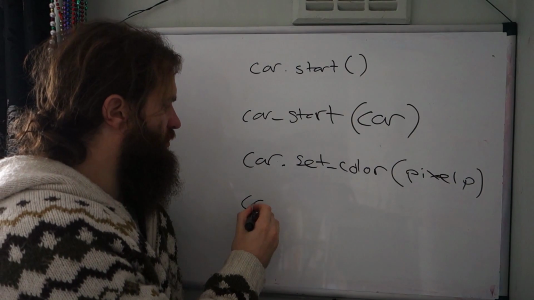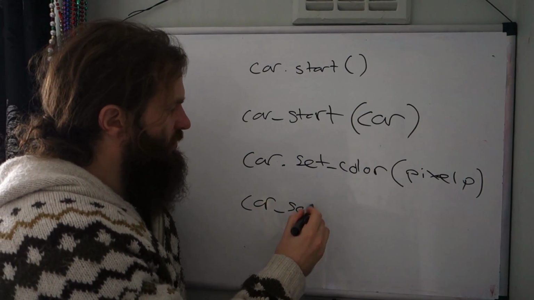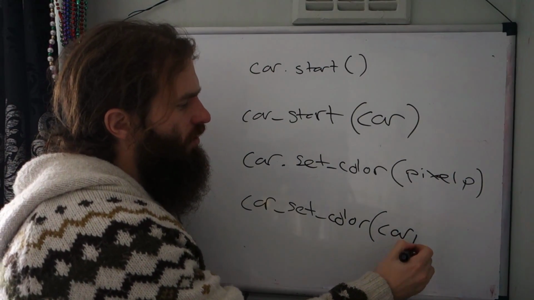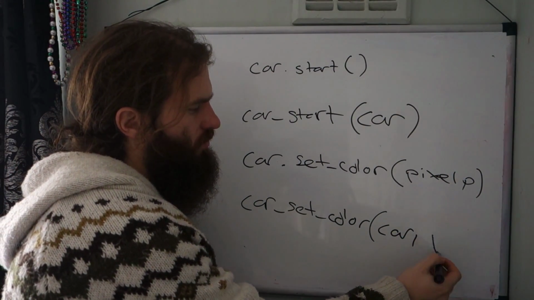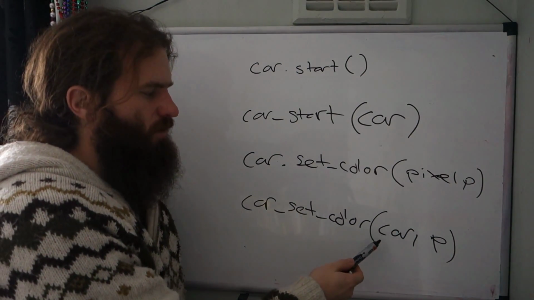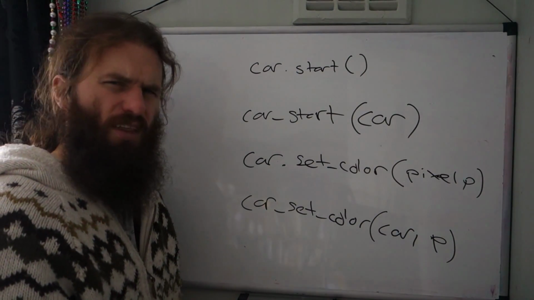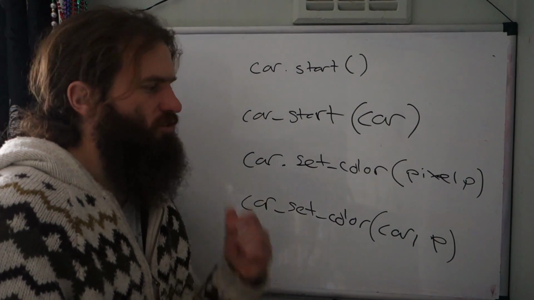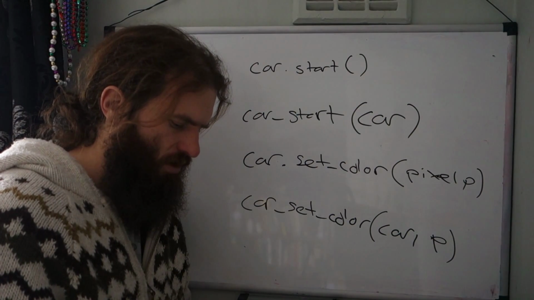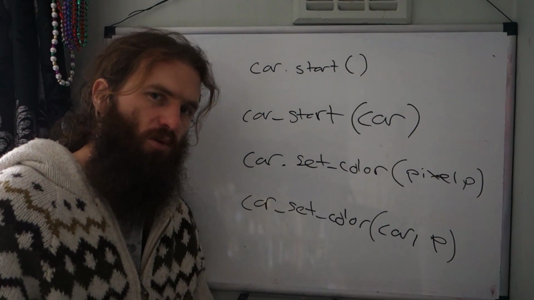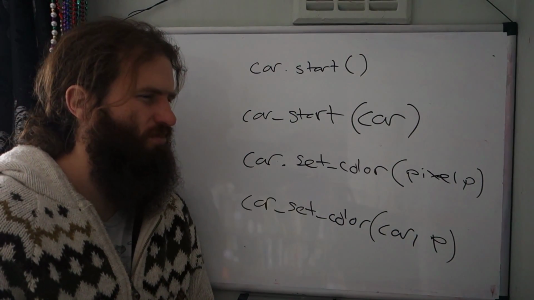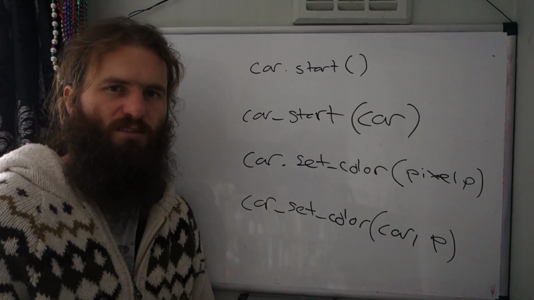Whereas in C you'd have to do something like car_set_color, pass in the car, and then pass in your pixel, right? So the object essentially becomes always the first argument of your function. But that is pretty much the only difference, besides some other things like constructors and so on. Probably when we finish this, or at least get quite far in the C tutorial, I'll show you just how you can very easily start using C++.